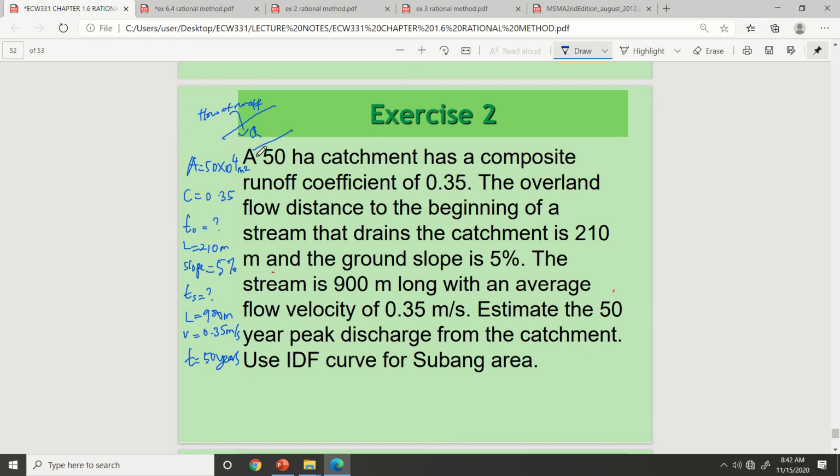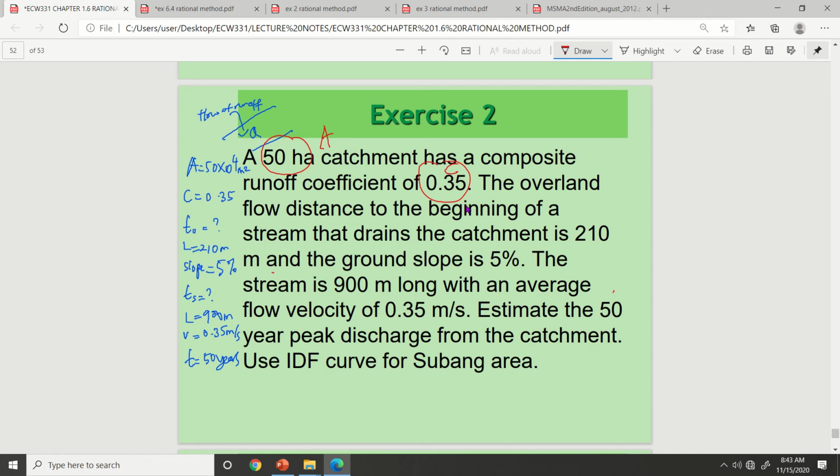Area 50 hectare, catchment. Runoff coefficient, this one C. The overland flow distance to the beginning of the stream that drains the catchment is 210 meter.